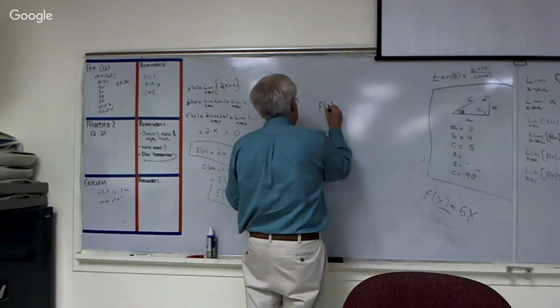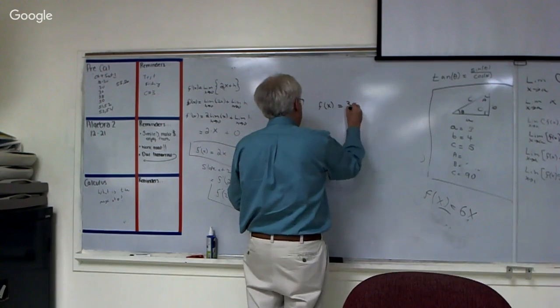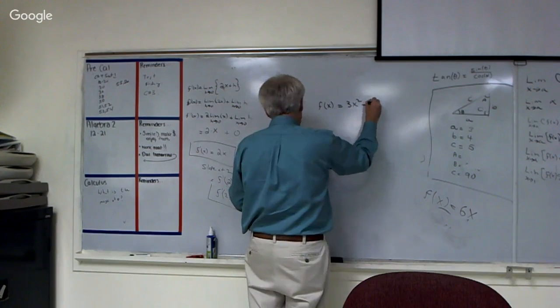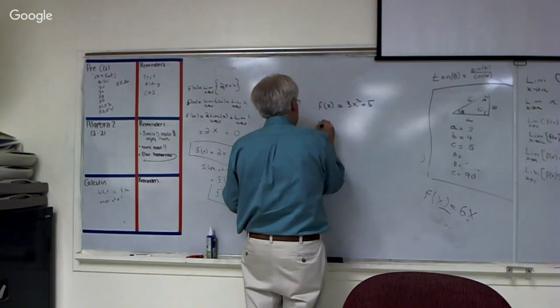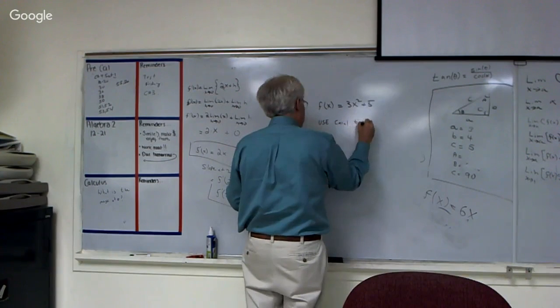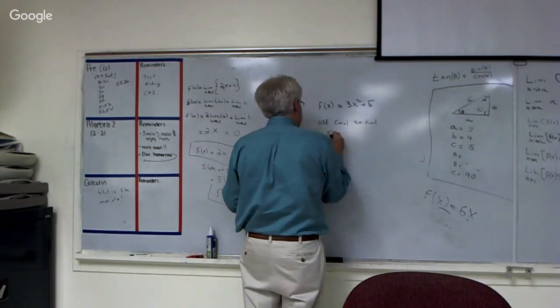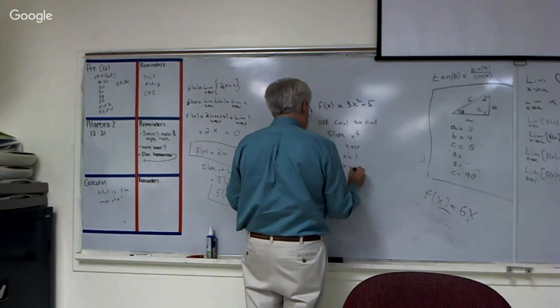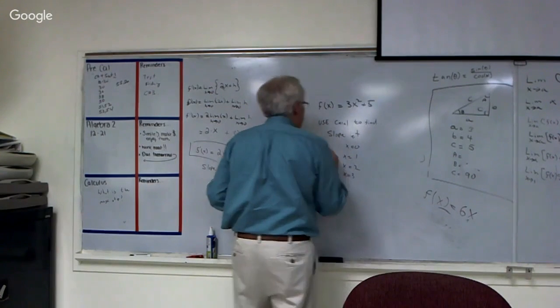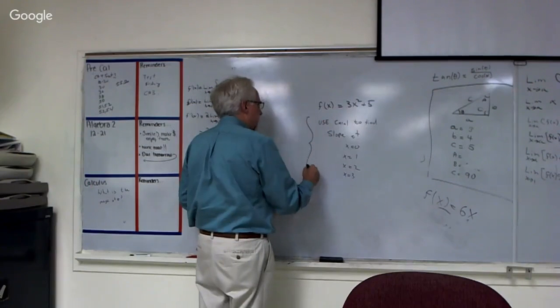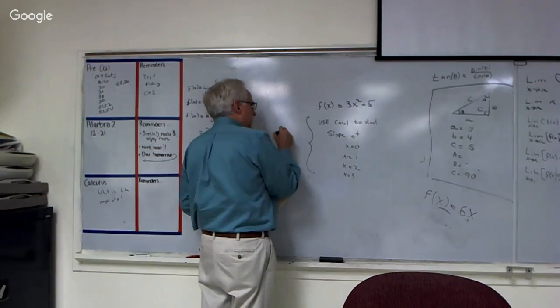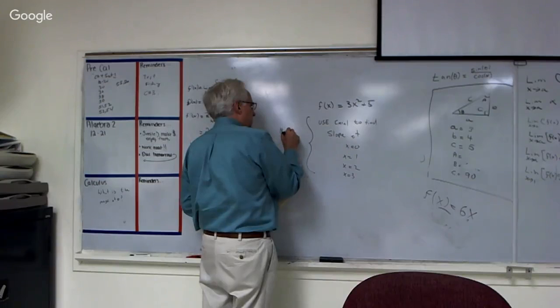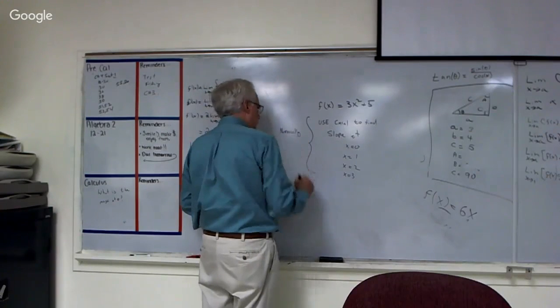F of x is equal to 3x squared plus 5. Okay. Use Excel to find the slope at x equals 0, x equals 1, x equals 2, x equals 3. Doing it in Excel, how are we solving this? We call this numerically.